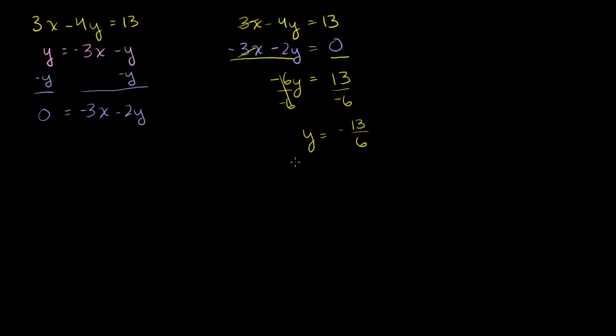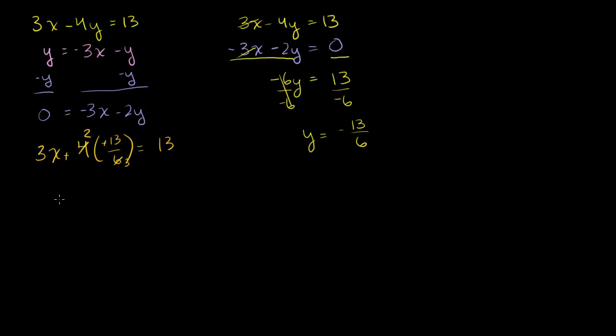Now let's solve for x. We can solve for x using either of these equations. Let's use that top one just for fun. So we have 3 times x minus 4 times negative 13 over 6 is equal to 13. Now, we have a negative times a negative, so that becomes a positive. And 4 over 6 is the same thing as 2 over 3.